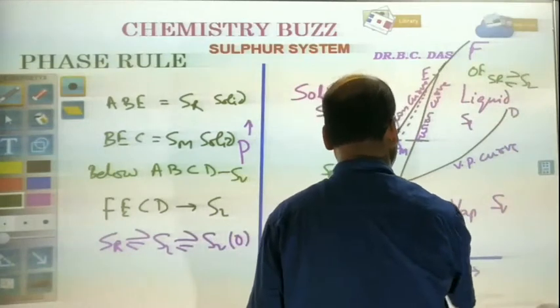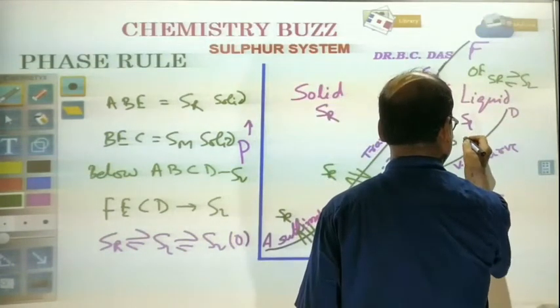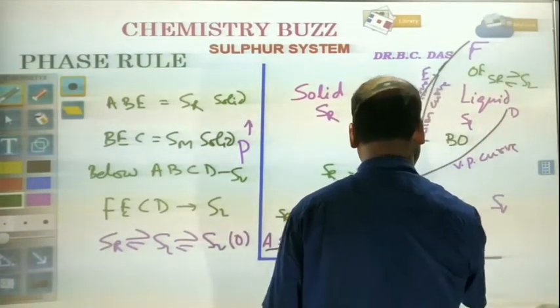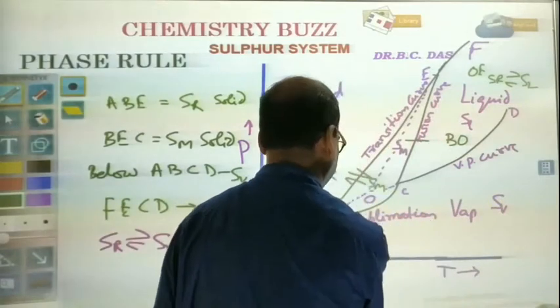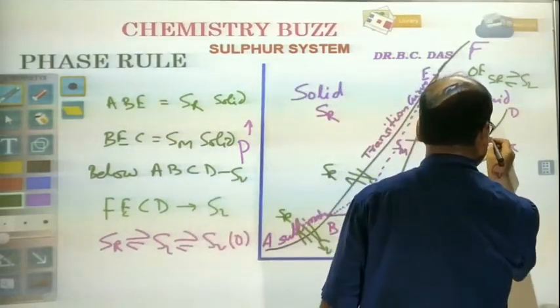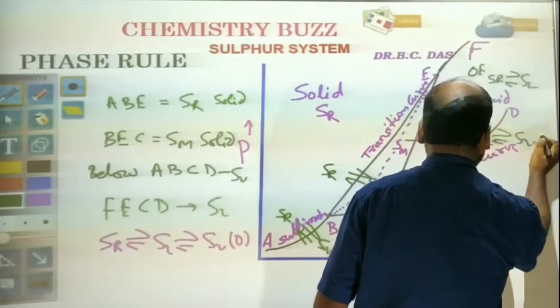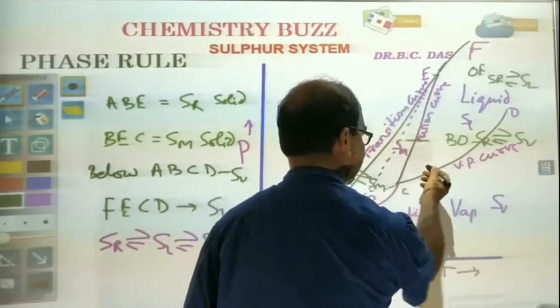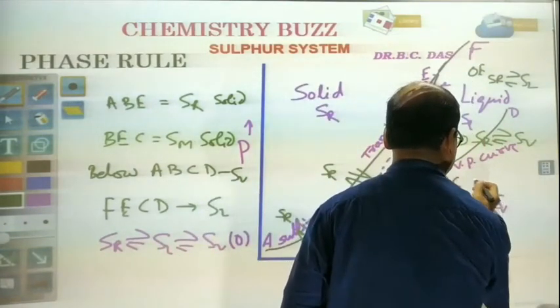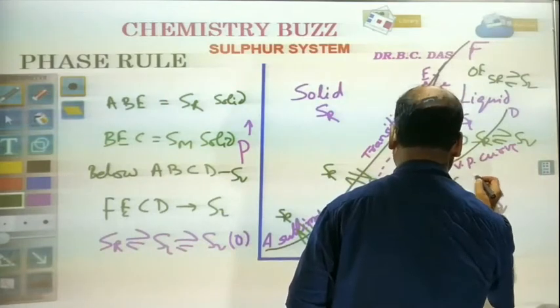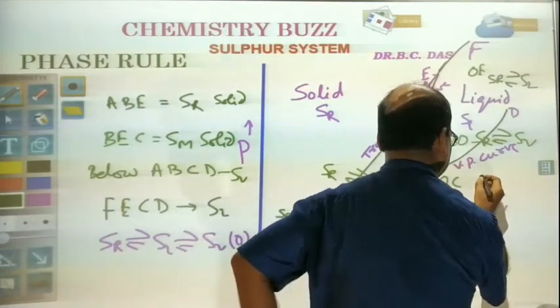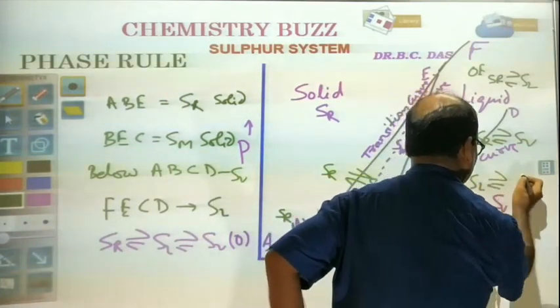Again, the BO curve is the metastable equilibrium of SR and SV, and OC is the equilibrium of SL and SV.